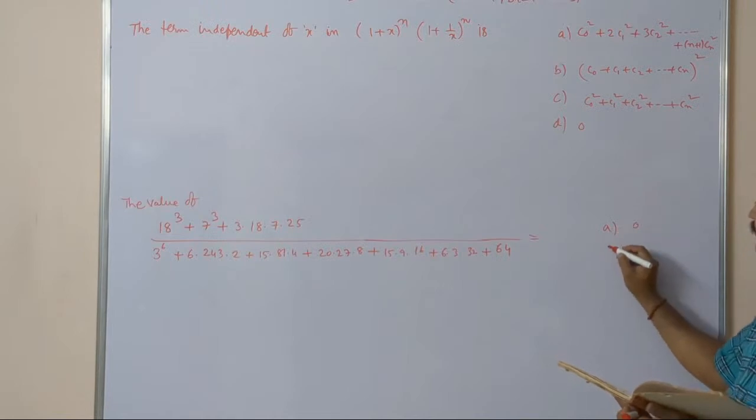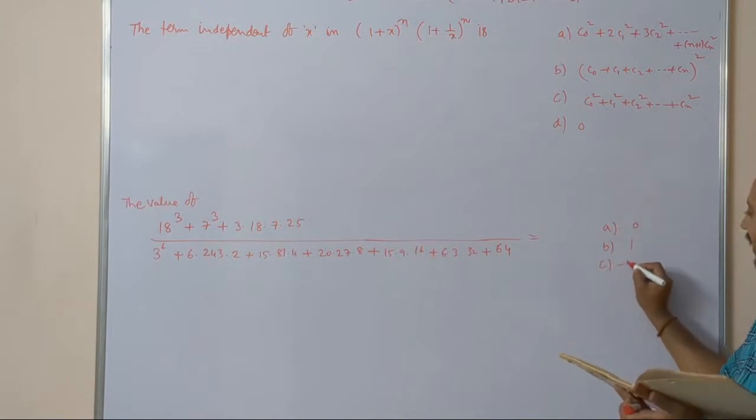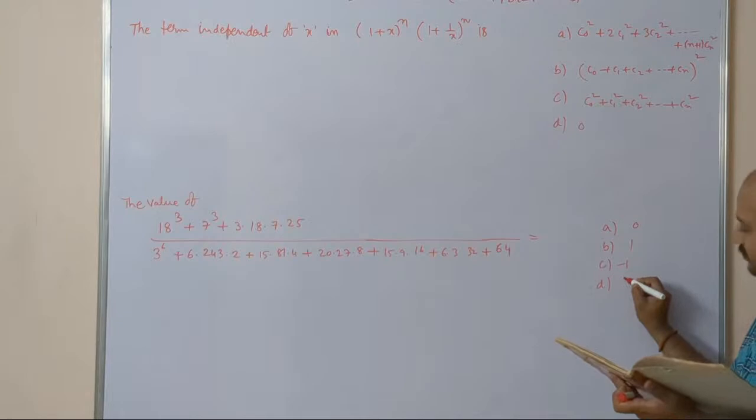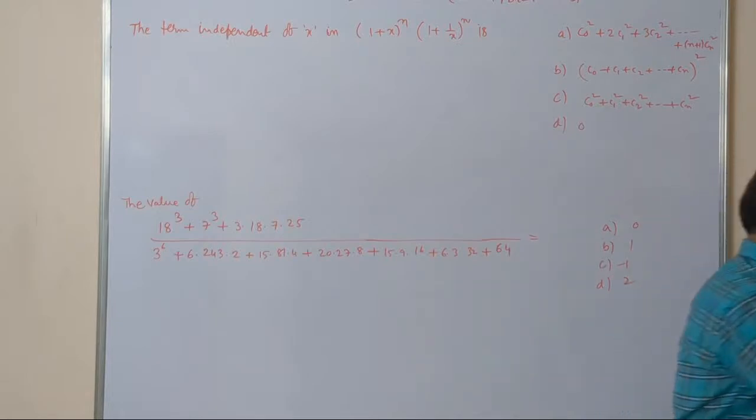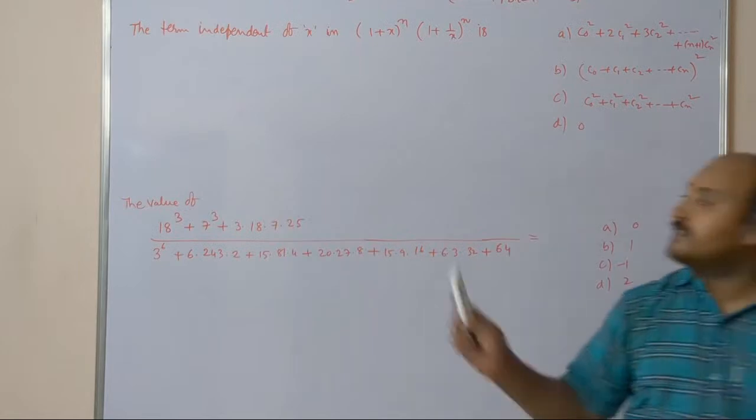Options 0, 1, minus 1, 2. Both the questions I will explain the difference. One is related to the series.